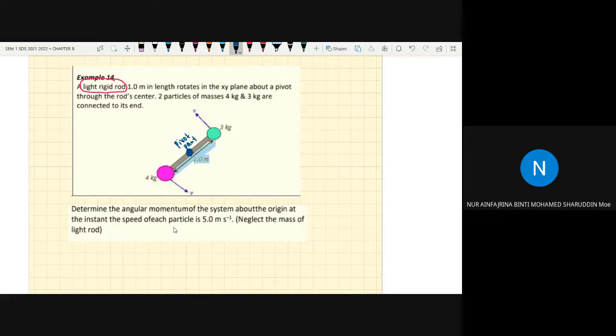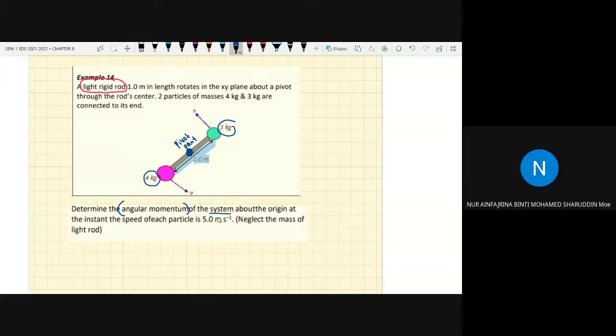Then two particles of masses 4 kg and 3 kg are connected to its ends. So they are rotating. Determine the angular momentum of the system.